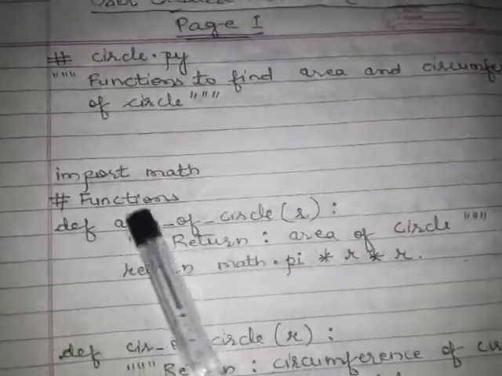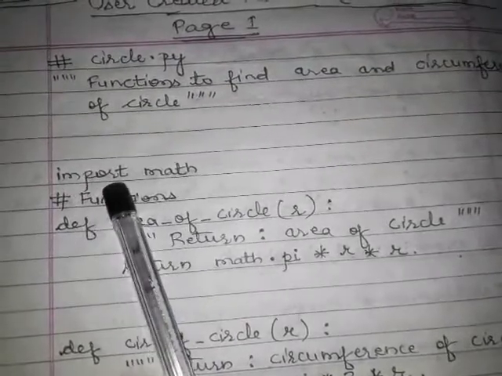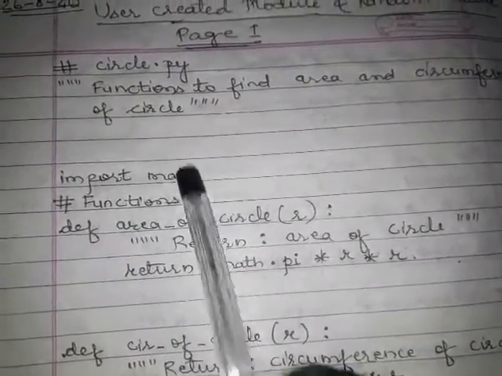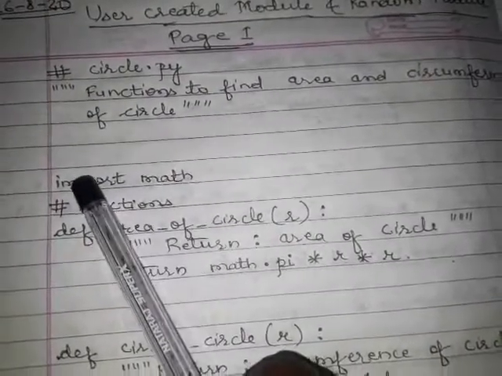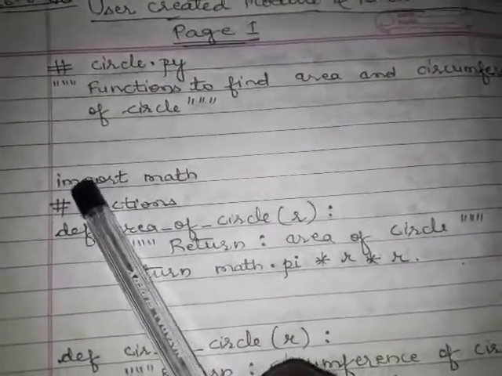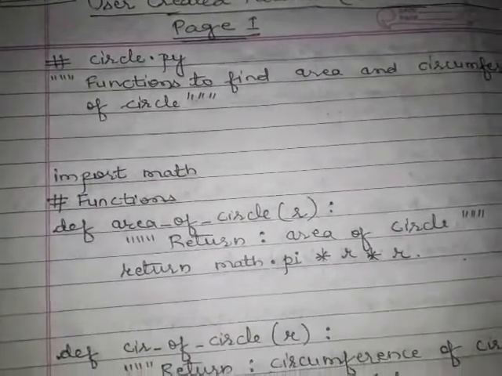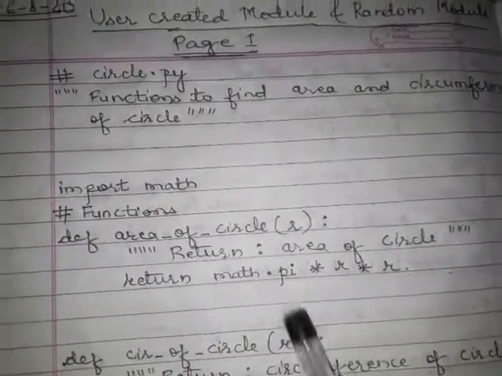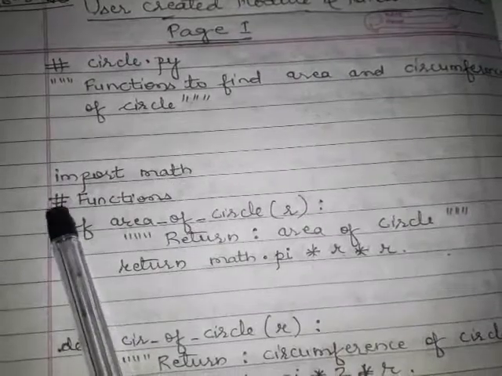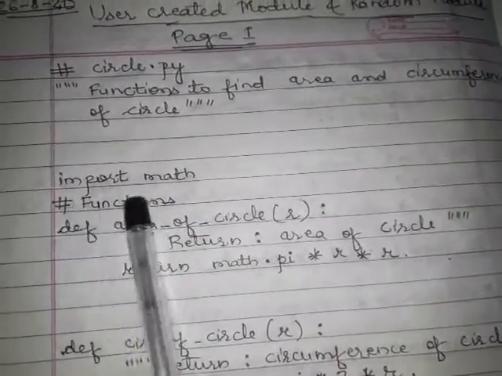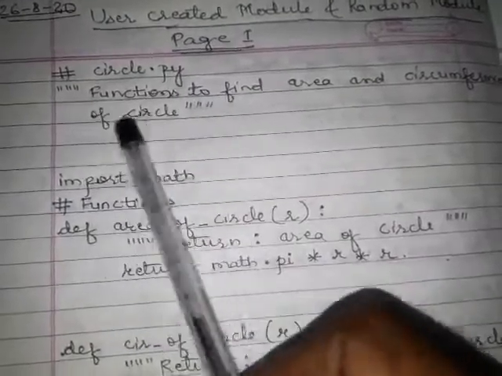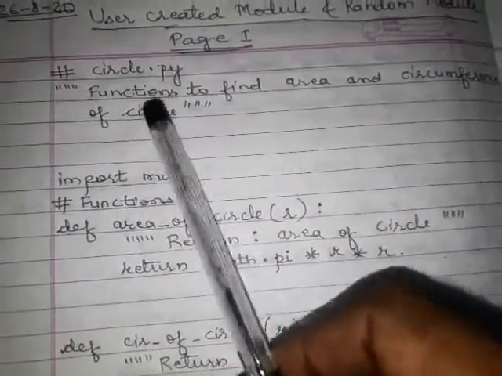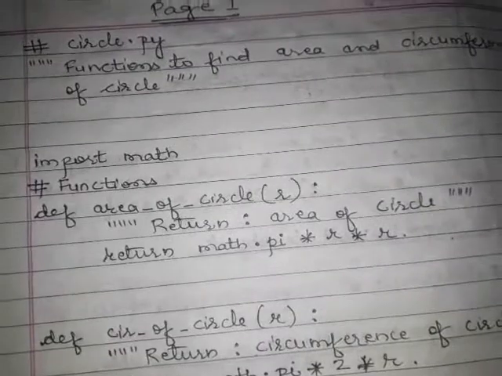Now we import the math module in our circle module, because in area and circumference both pi is used. Now this is another comment where functions are defined. This is the doc string which is displayed when we use help.